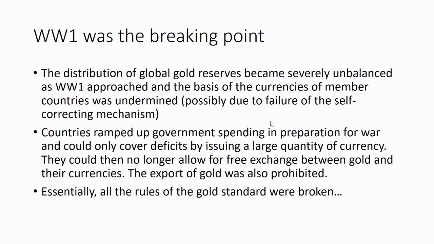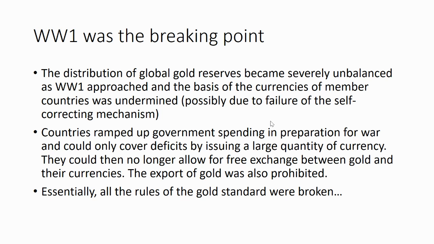And if you notice, 1914, the year the gold standard collapsed, was also on the eve of the First World War, during the start of the First World War. During that time, the distribution of gold reserves around the world was severely unbalanced, and the basis of the currencies of member countries became undermined. A large part of this is due to the fact that countries ramped up spending.